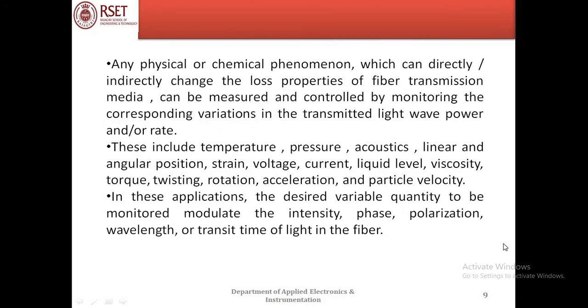Any physical or chemical phenomena which can directly or indirectly change the loss property of the fiber transmission media can be measured and controlled by monitoring the corresponding variation in the transmitted light wave power or rate. We are obtaining the changing parameter in terms of light wave power or rate.